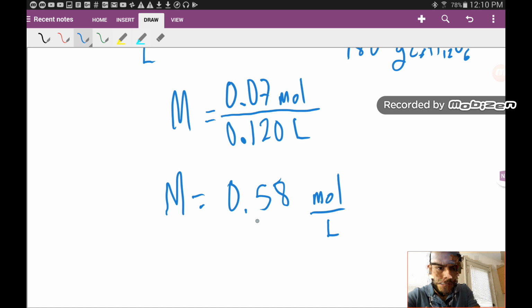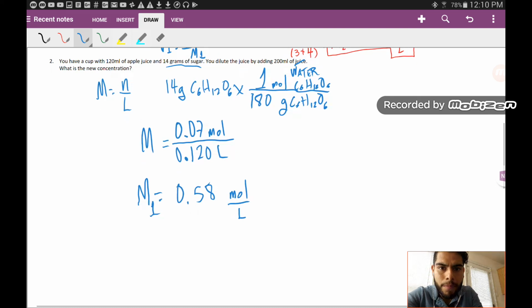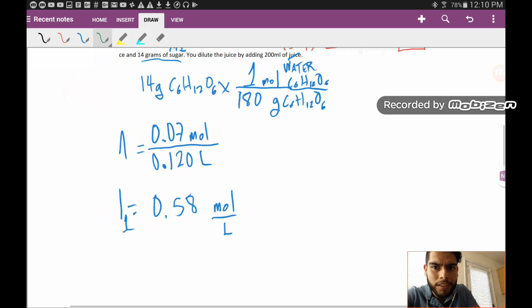So this is our molarity 1. We had to calculate the molarity because they didn't give it to us in the problem. So now we can calculate the new concentration, because we have the initial molarity and the initial volume.